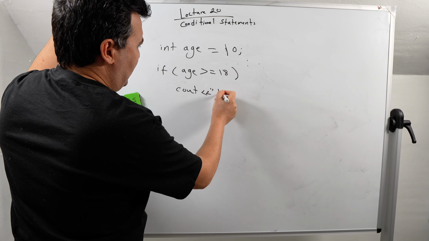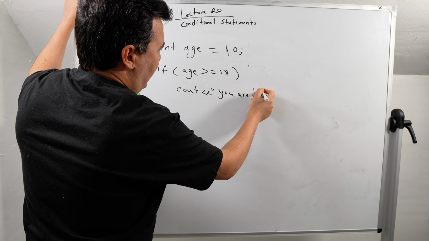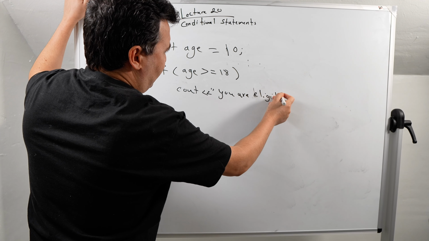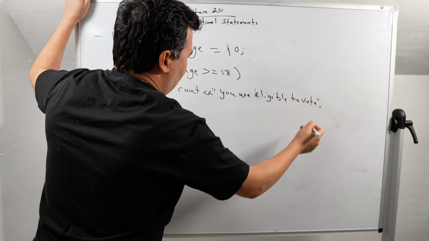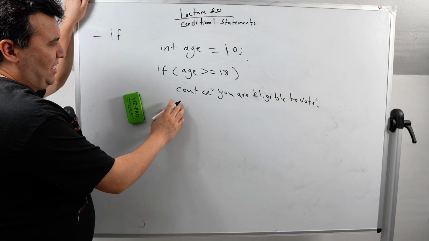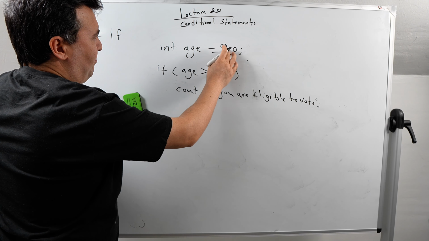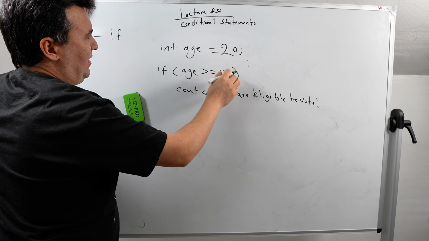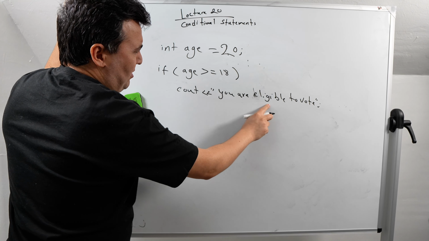So you say, you are eligible to vote. In this case, if the condition is true, for example I put here 20, now inside the age variable we have 20, so the condition becomes true and this statement will be executed.